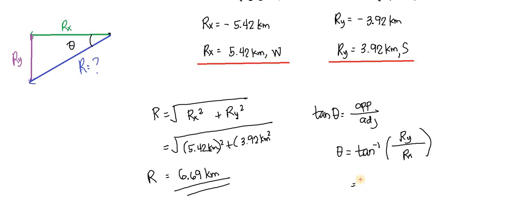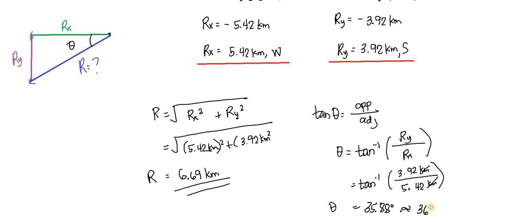Let's just substitute. That will be the tangent inverse of 3.92 over 5.42, of course that's in kilometer. We can cancel out kilometer. Our theta will be equal to 35.88 degrees, or we can say that this is approximately 36 degrees.